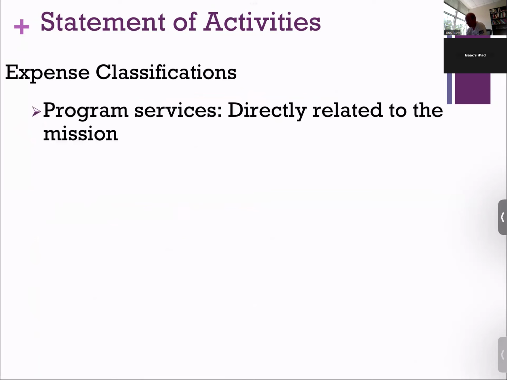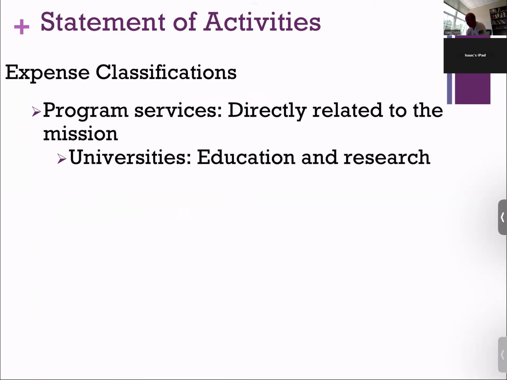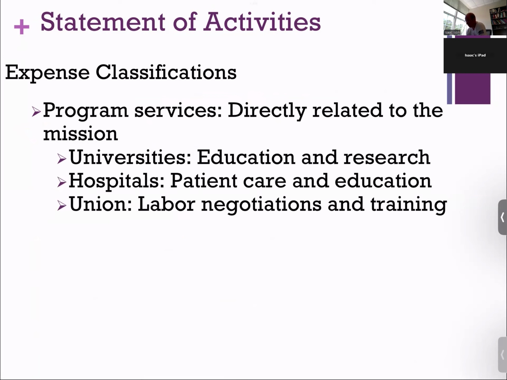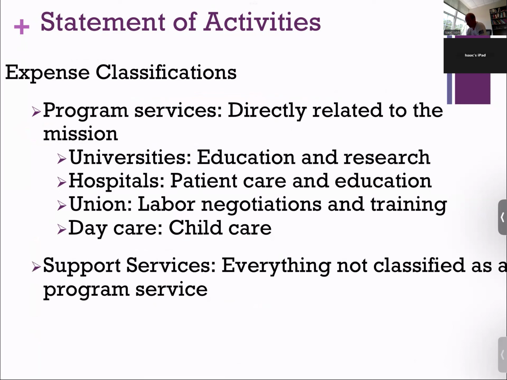Okay, and in your statement of activities, you have expense classifications. So program services, I just mentioned that it's related to the mission. So think through the types of program expenses different institutions would have. And then support services are everything else.